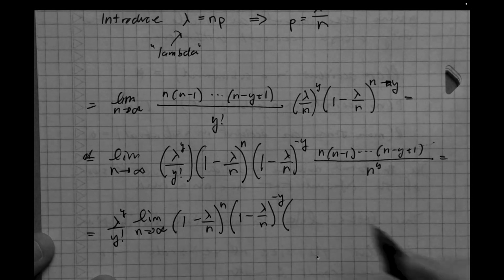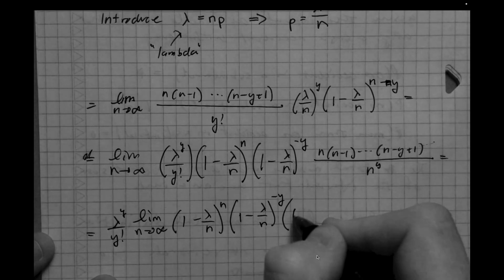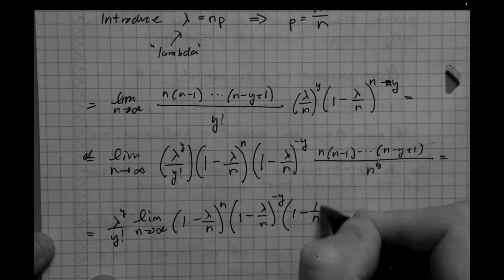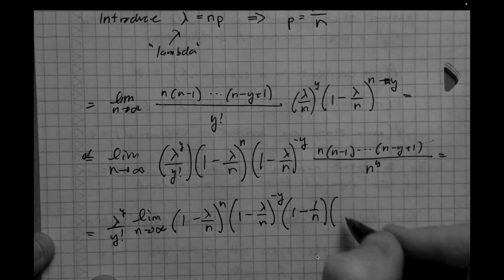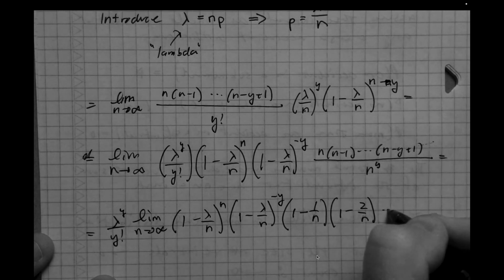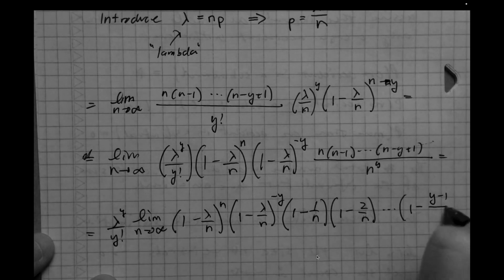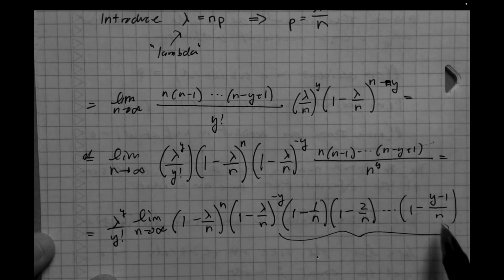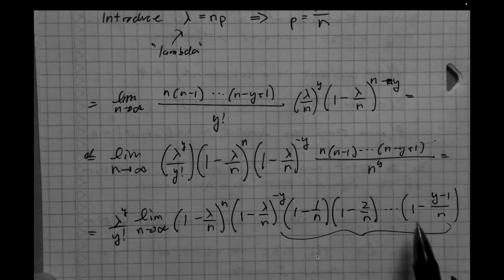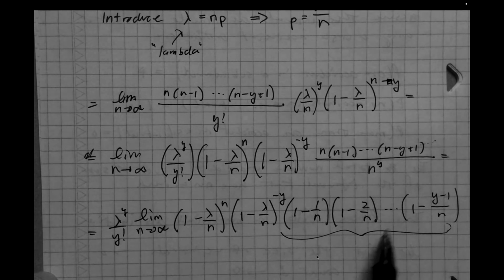And what can we do there? Well, this is really just equal to 1 minus 1 over n times 1 minus 2 over n dot dot dot times 1 minus y minus 1 over n. Now, where did this come from? All we're doing there, if you think about it, is a little bit of algebra.